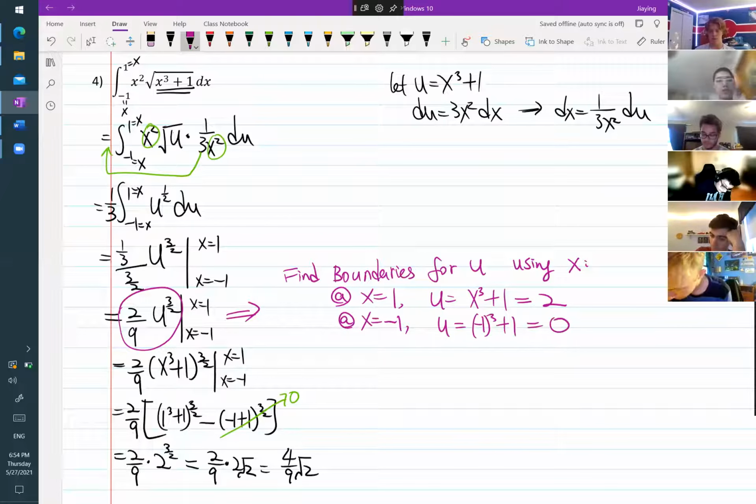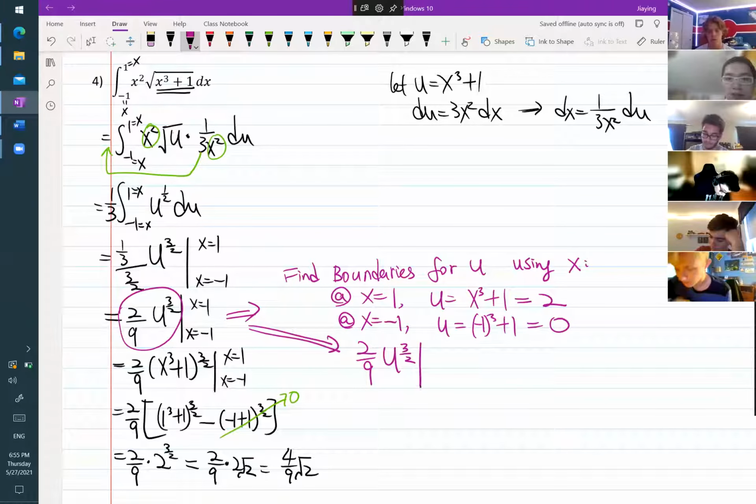So instead of using the x boundary -1 to 1, we can use 0 to 2 as the u boundary. So this part will become 2/9 u to the 3/2 evaluated from 0 to 2. So those are the u values, and it's okay to plug in directly.